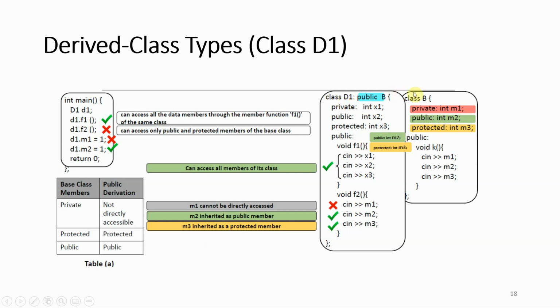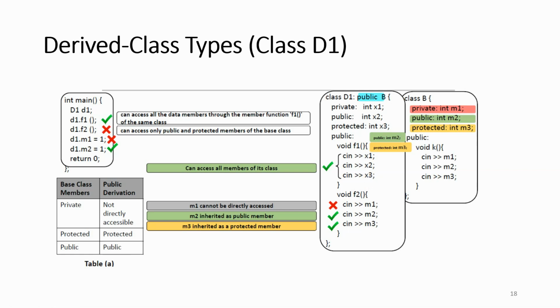Class D1 is derived from class B. In addition to these three member variables and this member function, it also has x1, x2, x3 member variables and two member functions.